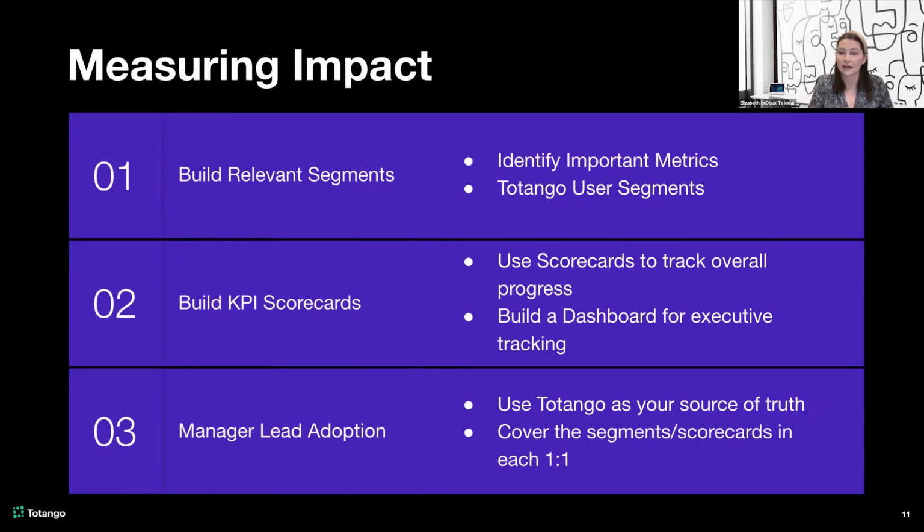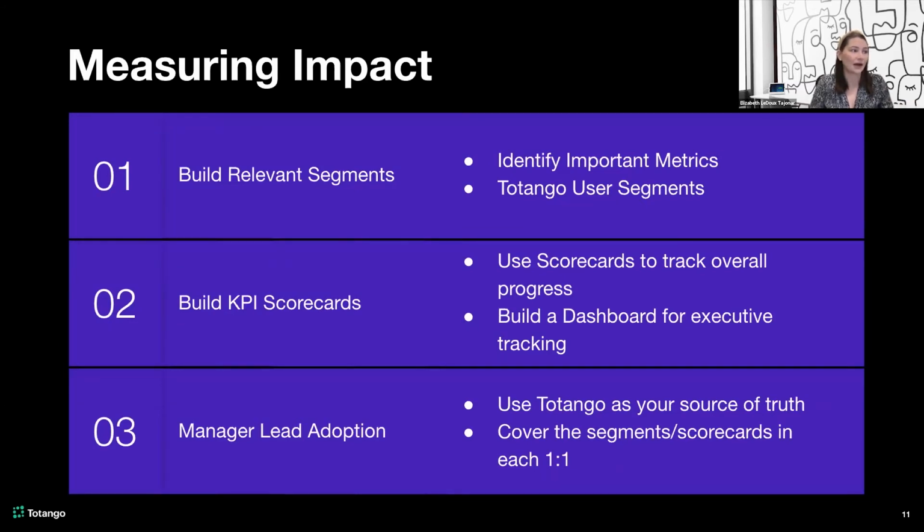So oftentimes executives want a singular place that they can go and see all those high-level KPIs, how performance is going within Totango, but also the journey, so how your customers are reacting to what you've built. So scorecards are what will enable you to do that.